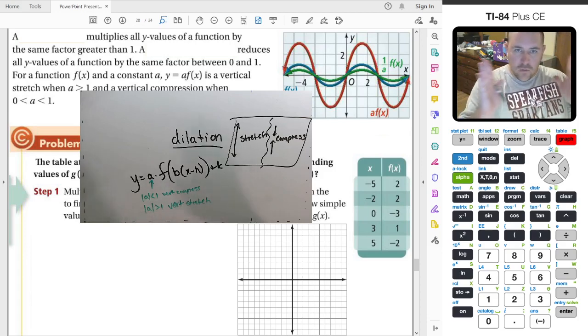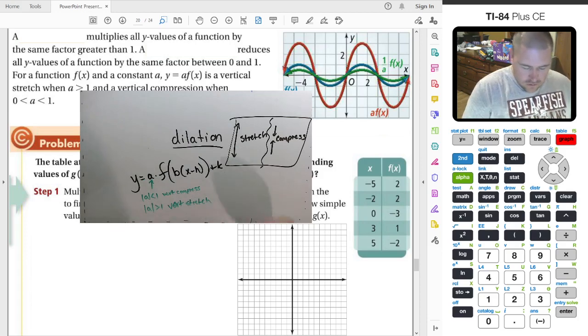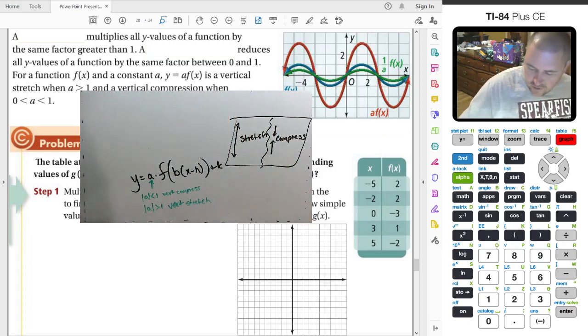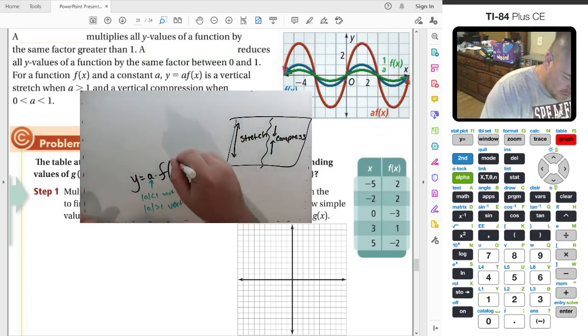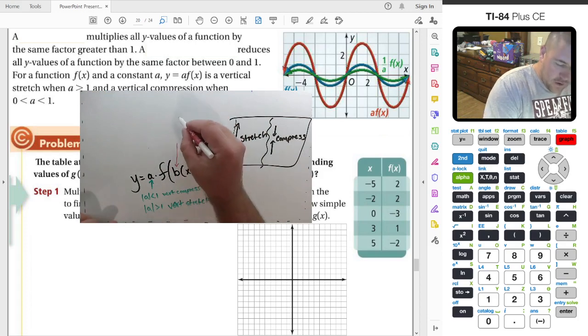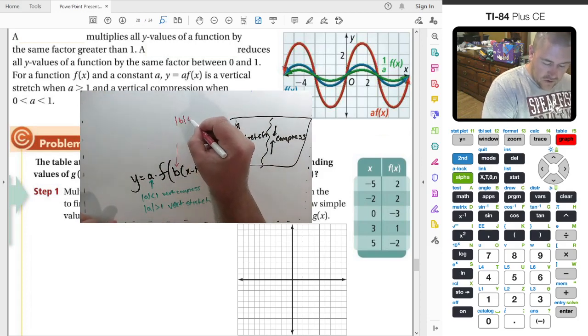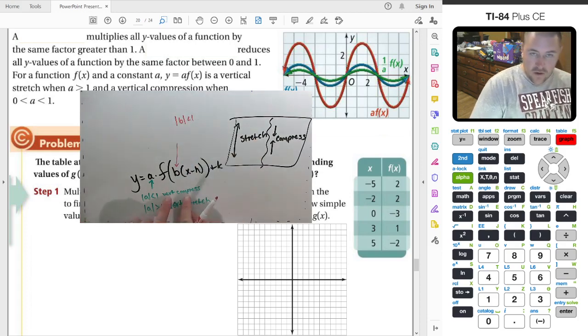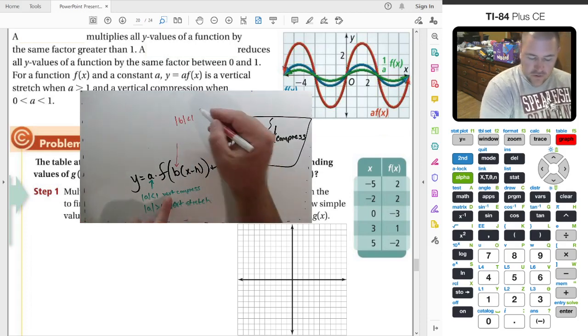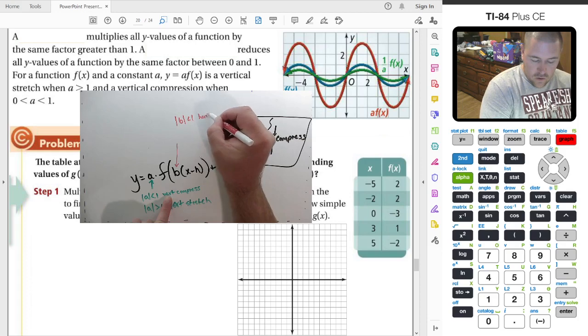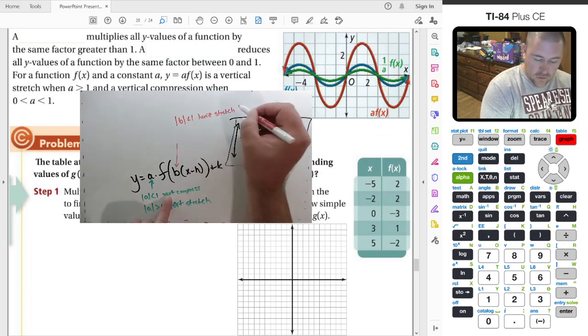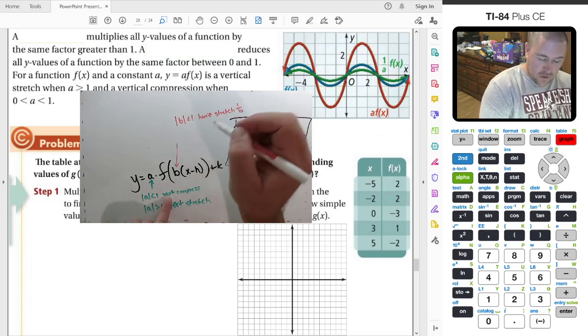Now you can do it with horizontal as well. We don't see them as often, but I am going to write it because sometimes it shows up. Remember we said if absolute value of b is less than 1, this had a vertical compression. This will have a horizontal stretch. And it's always by the reciprocal, 1 over b.